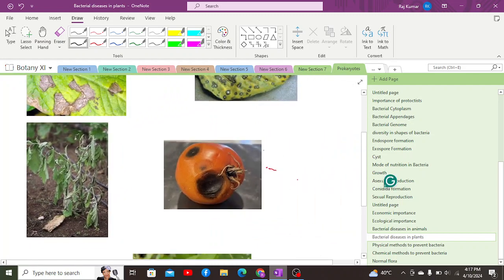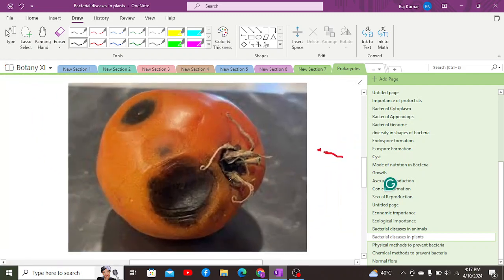Bacterial soft rot is a condition in which the fruits of the plants get soft rotted, such that the cells of the plant tissues become turgid.